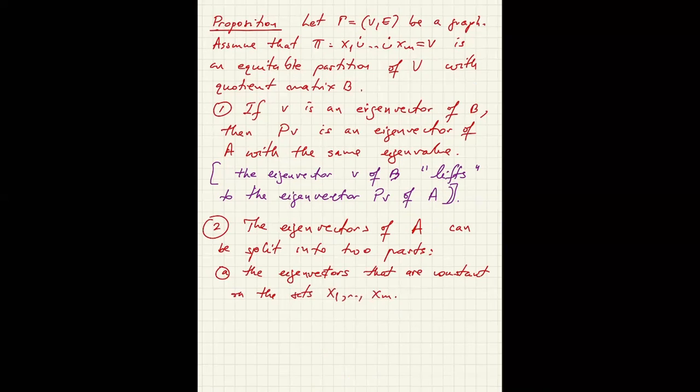So if you pick one of these subsets xi, on each vertex of that xi, these eigenvectors have the same entry.